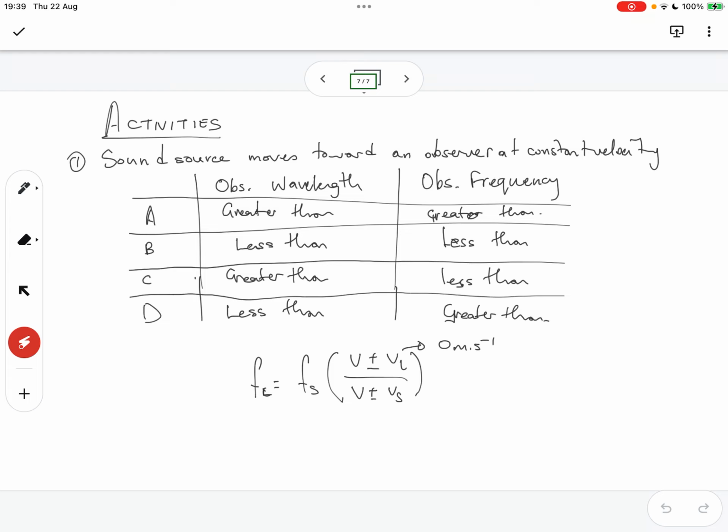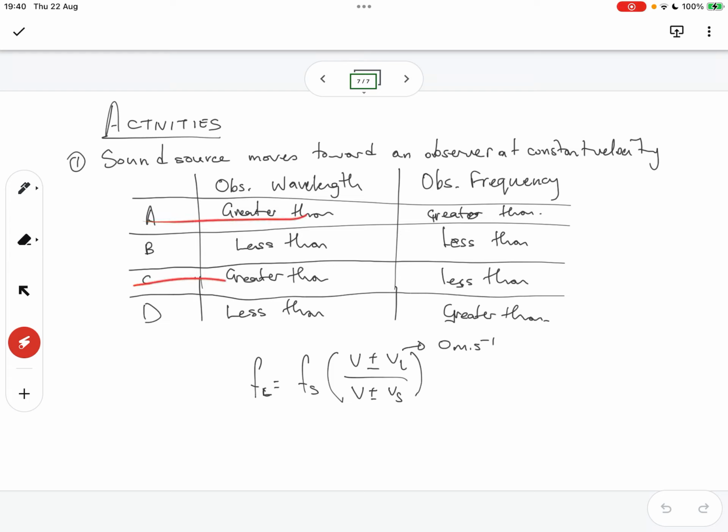So that means if we look at the wavelength, the observed wavelength moving towards the observer should be a smaller wavelength, and the frequency would be greater.